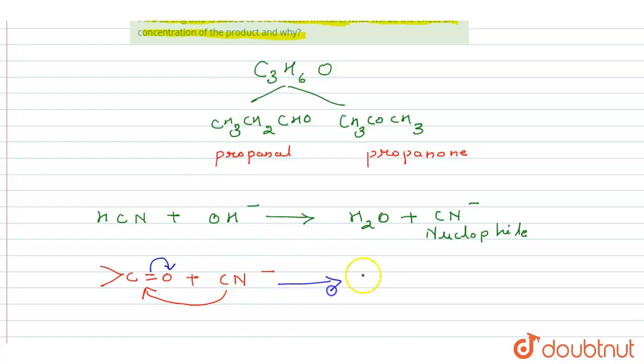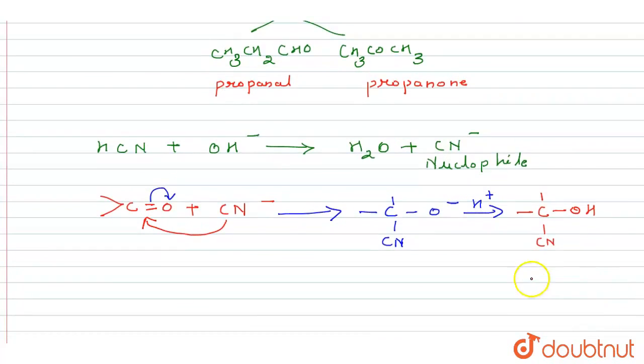So from this we get CO negative, and here we have CN. After that this oxygen combines with the proton to give a cyanohydrin. So here we have the structure of cyanohydrin, that is C-OH with CN.